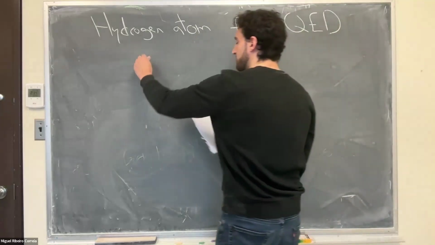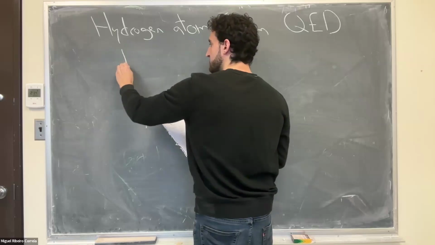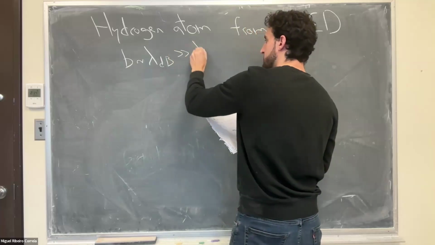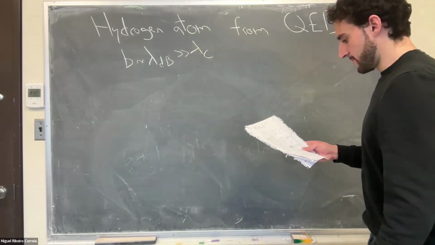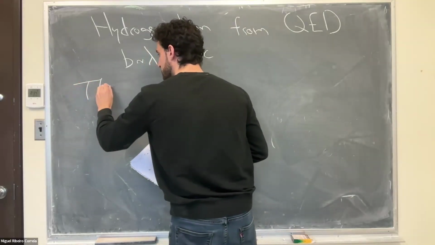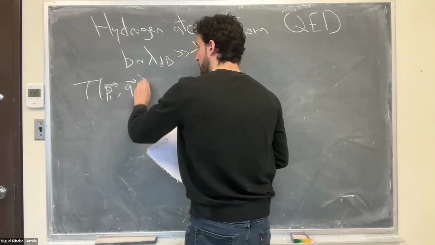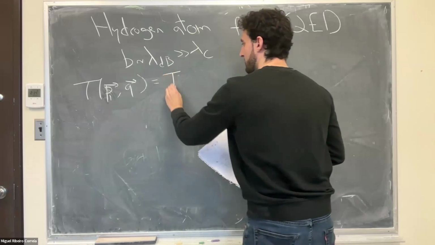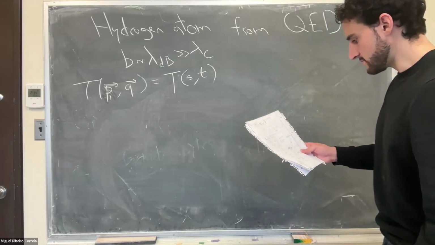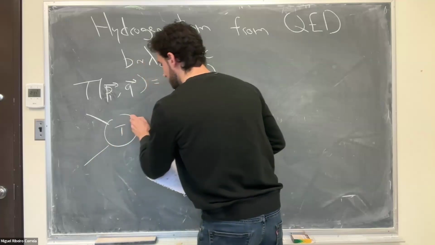For the hydrogen atom, I want to consider that regime I mentioned, the quantum mechanics regime, where B is of the same order as lambda de Broglie, much bigger than lambda Compton. Now this amplitude is a function of two variables. We call them P and Q, or in terms of the Mandelstam invariants, for those that are familiar, just S and T. And the kinematics can be represented like this.